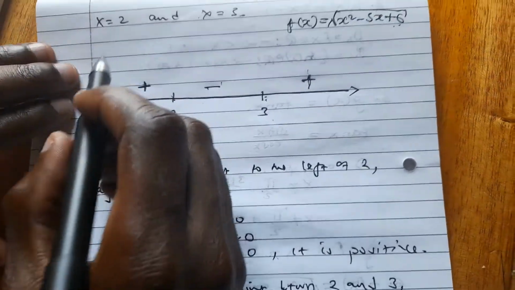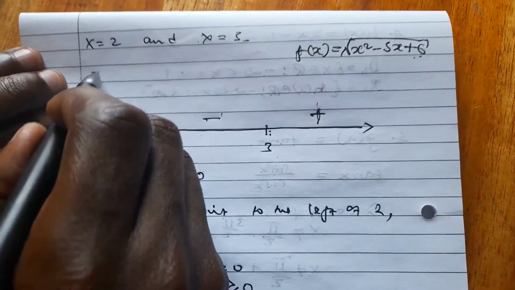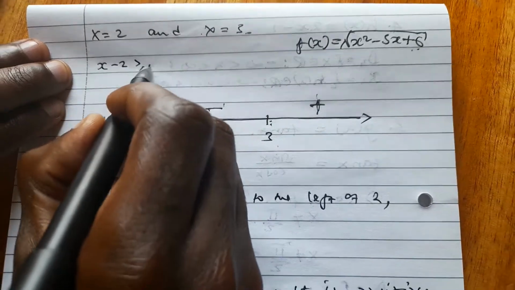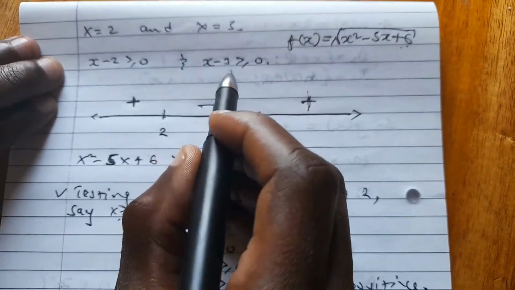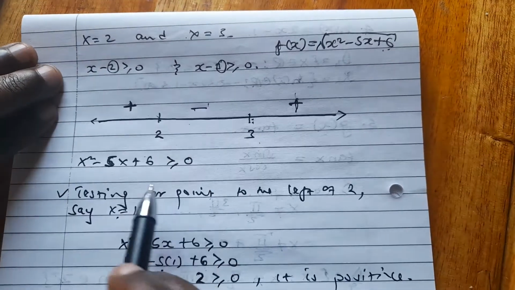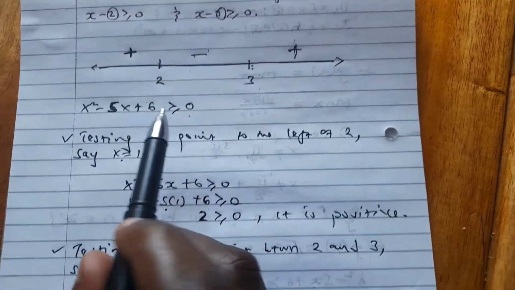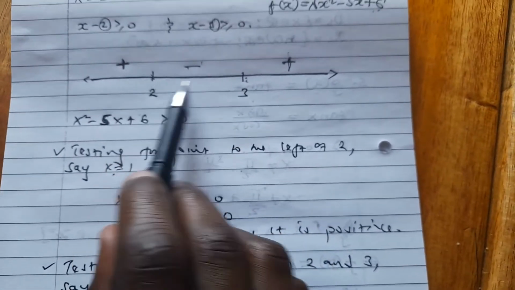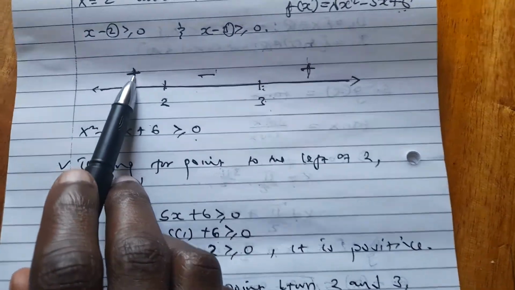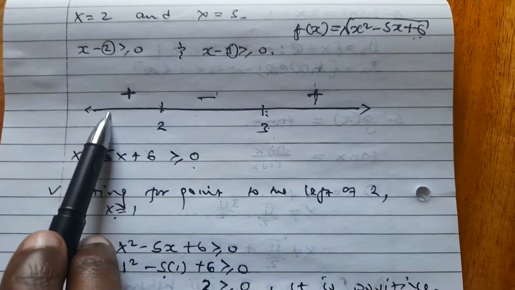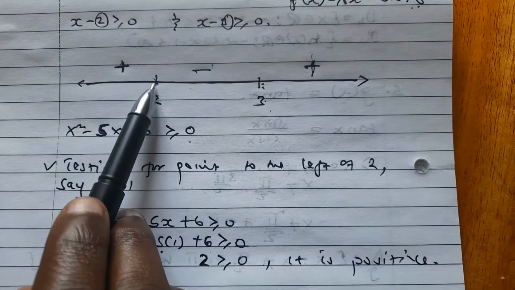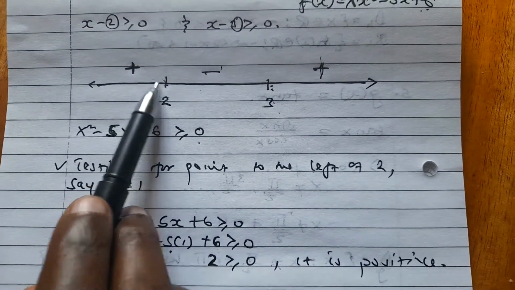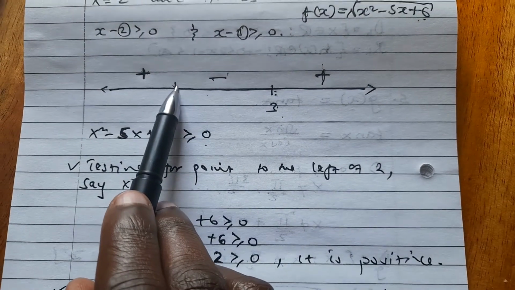So I'm not testing for 2 and 3 because they are already included, based on the fact that initially we had x minus 2 is greater than or equal to 0 and x minus 3 is greater than or equal to 0. These values give me a 0, so these two values are to be included. Since I have a positive, all values to the left of 2 should be included, and 2 must also be included.